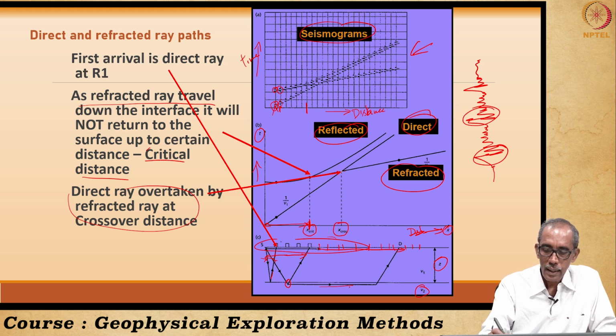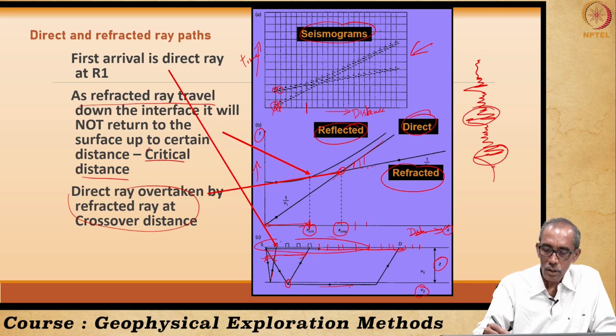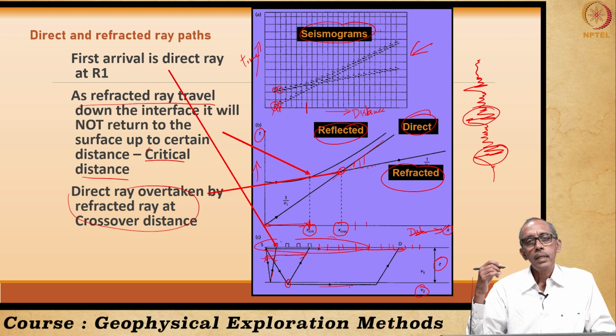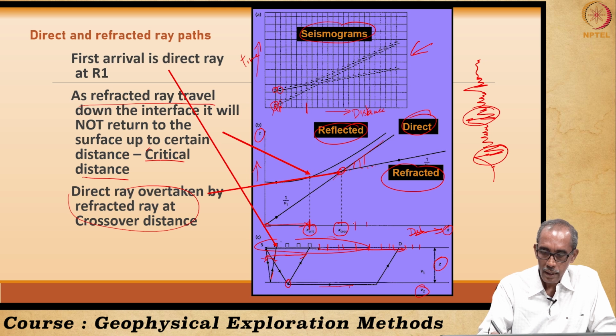The direct ray is overtaken by the refracted signals. That is why the time taken for the refracted signal to reach these geophones is comparatively less than that of the direct rays. So, beyond a certain distance, part of the refracted signals are reaching this place.